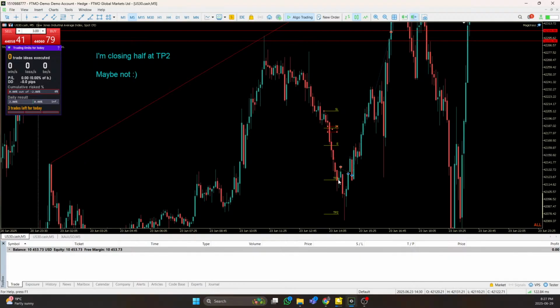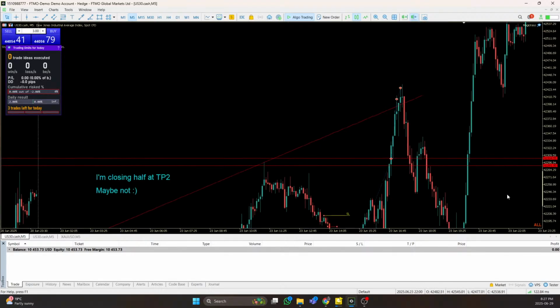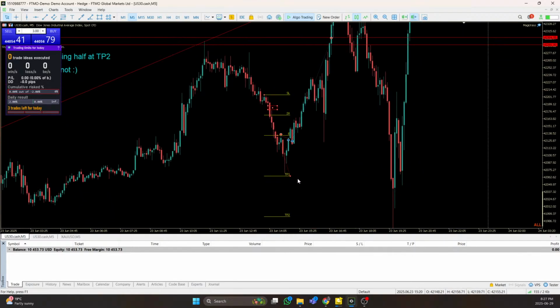My entry is here. As you can see, the price did not react to my TP1, which is here. Normally it should come to TP1 and rest a little bit, even maybe go back to entry and then go to TP2. But it did not react to my TP1.